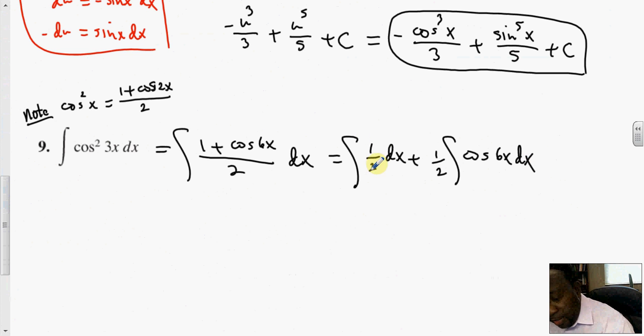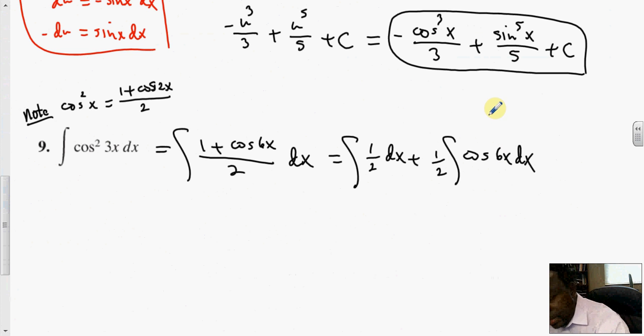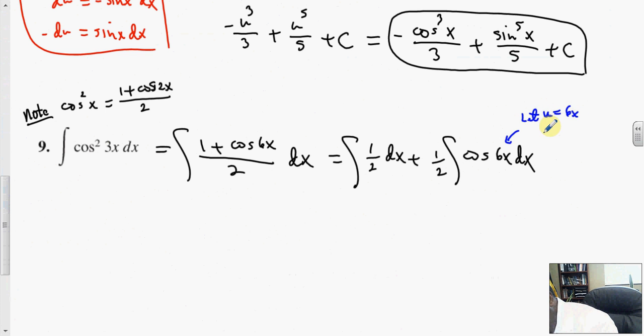And a straight integration on this, for this cosine 6x, you have to use u du substitution because of that 6x there. So over here, let u equal 6x and du is equal to 6 dx.